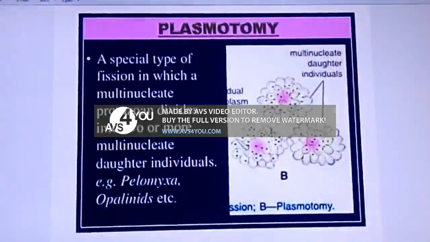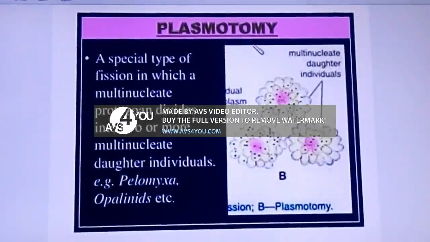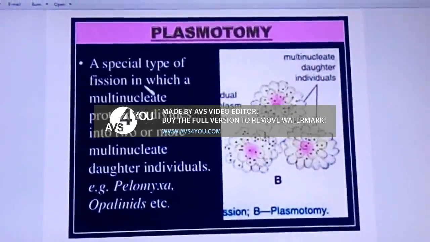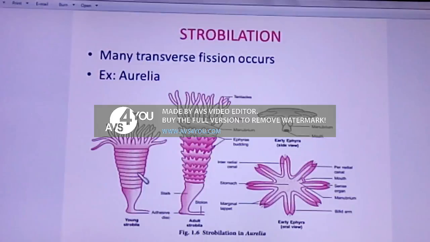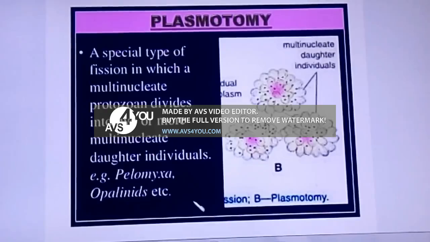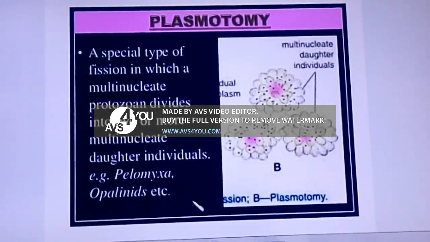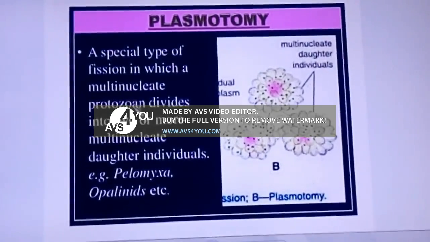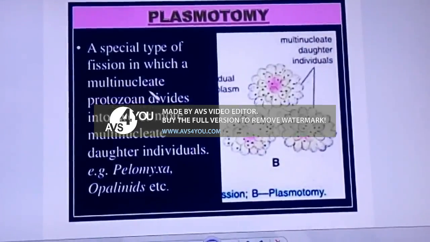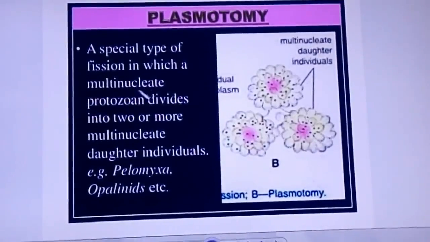Next one is plasmotomy. Plasmotomy is a special type of fission in which a multinucleate protozoan divides into two or more multinucleate daughter individuals. All the organisms we have seen so far possess only one nucleus, which splits into many nuclei. But in plasmotomy, the parent already possesses many nuclei.